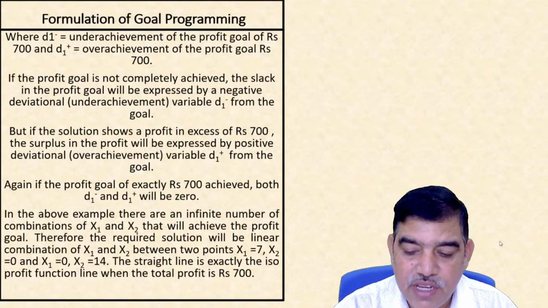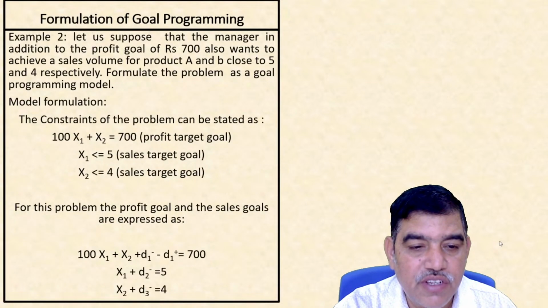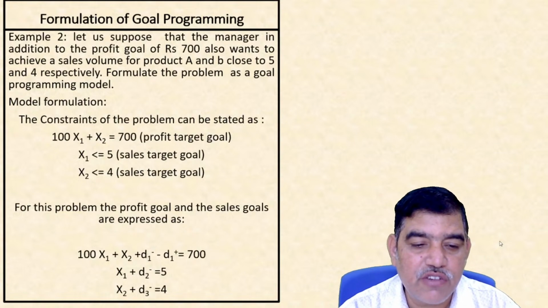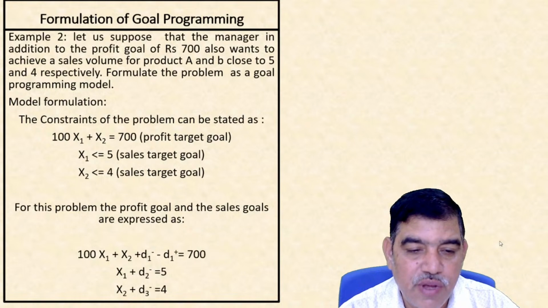If you consider the second example, at that time x1 plus d2 negative equal to 5, x2 plus d3 negative equal to 4. So if you eliminate the d2 value and d3 value, that means x1 equal to 5 and x2 equal to 4, and if you plot the straight lines, then there is another feasible region.